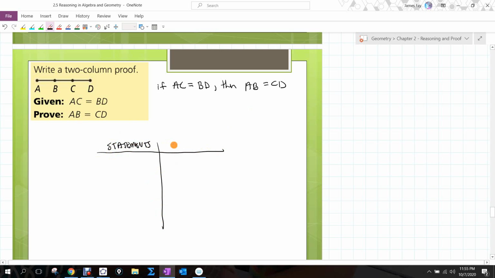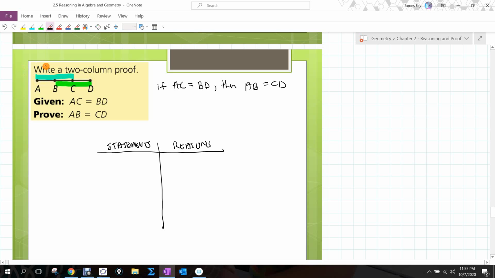So start with statements. We'll have reasons. This one's going to require us to do the whole thing. But think about this. AC, if that distance right there, let me highlight it, be easier. This blue distance is the same thing then as this green distance. That's what they're saying. Would you agree if those two things are the same?